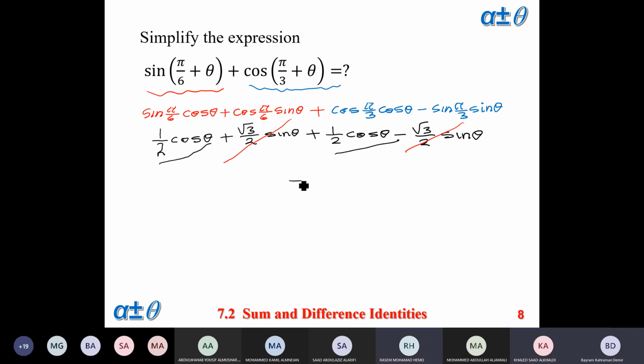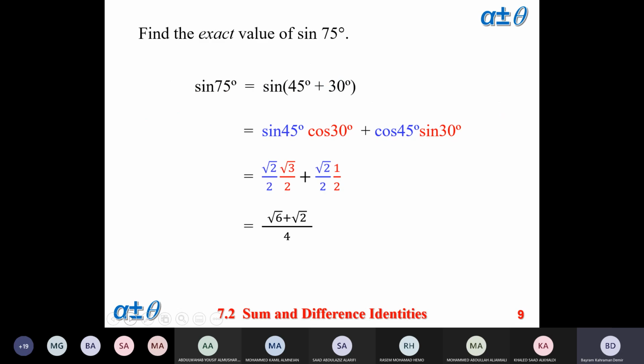So the result is cosine theta. Okay, nice, interesting. So the answer is cosine theta. It's just a matter of whether you remember the formulas, right? But it is a nice question.